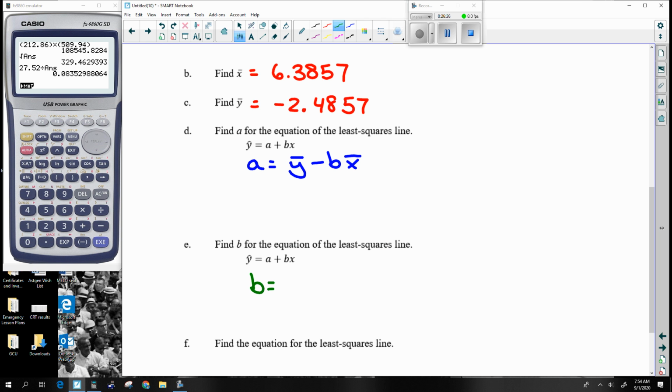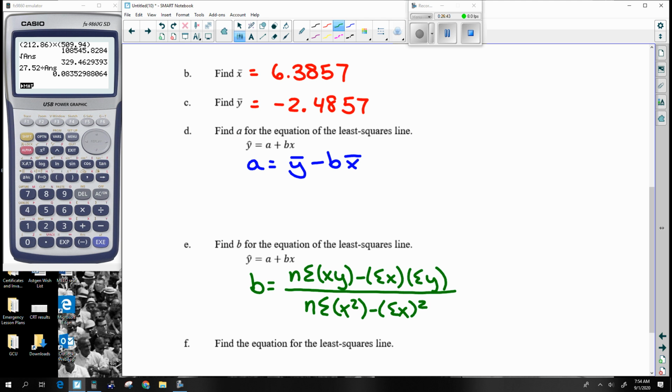B is equal to n sum xy minus sum x sum y. Don't be scared, that's just one of the mini formulas. And the denominator is n sum x squared minus sum x, squared. We already did the tough part of that.